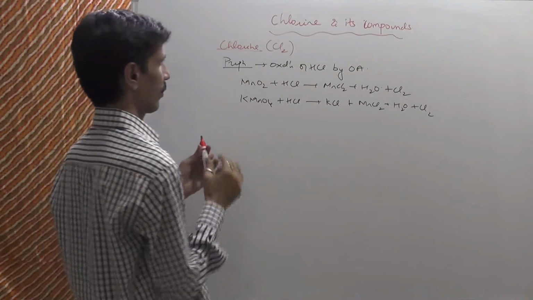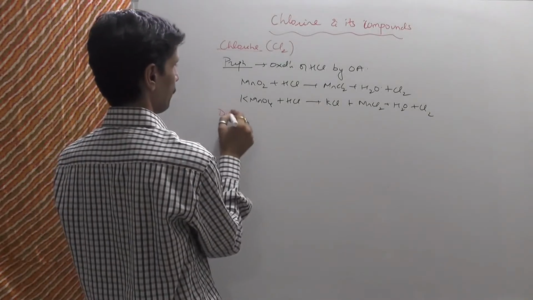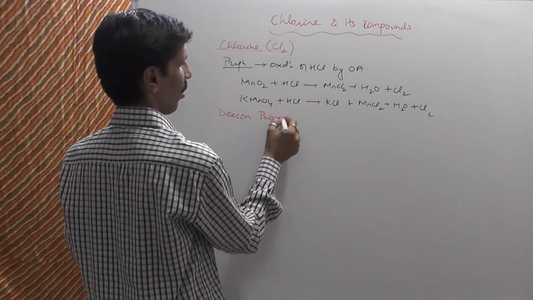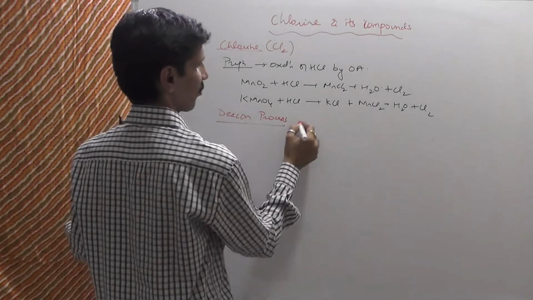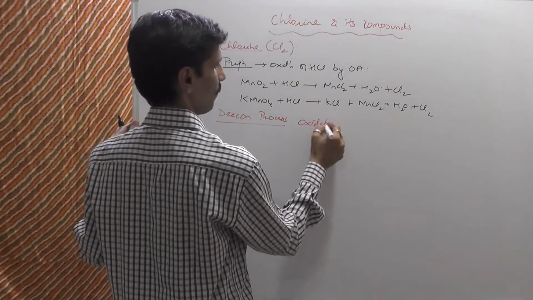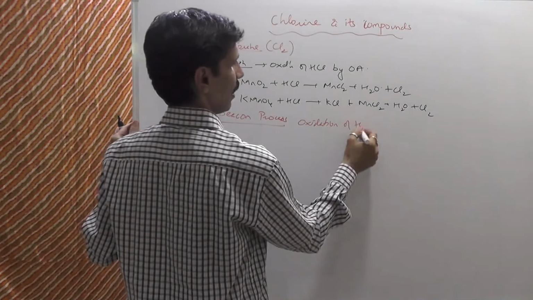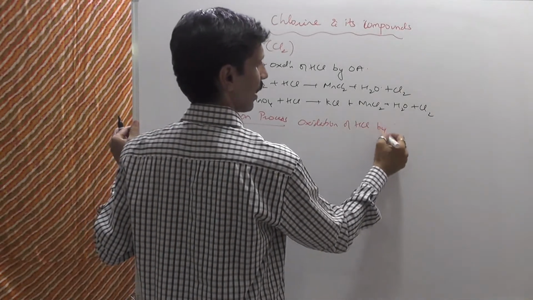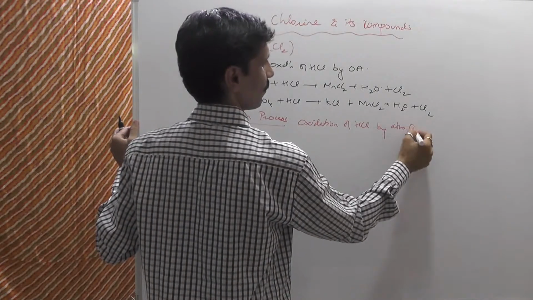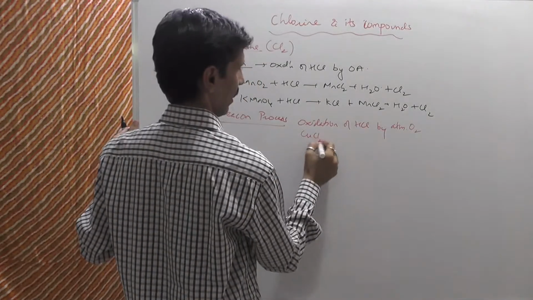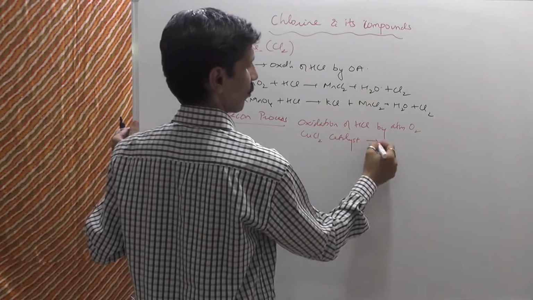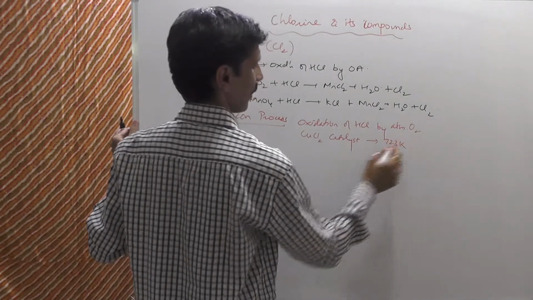The next part we go into, that is called as a Deacon process. अब दोस्तों Deacon process is also nothing but it's oxidation of HCl. लेकिन इस बार by atmospheric oxygen, copper chloride is a catalyst, and the temperature is going to be at around 723 Kelvin.